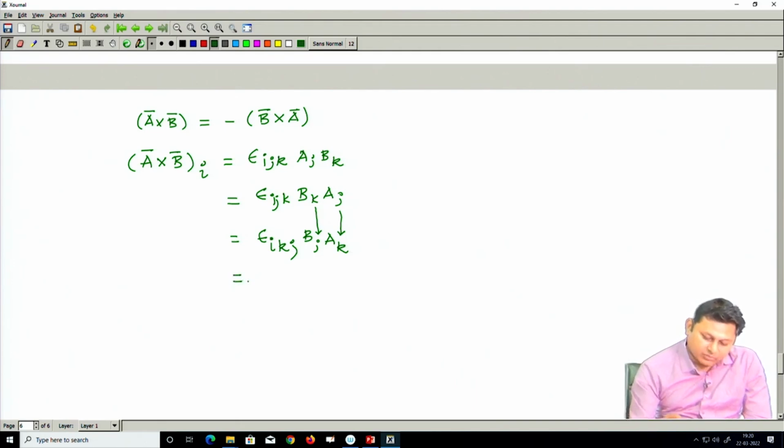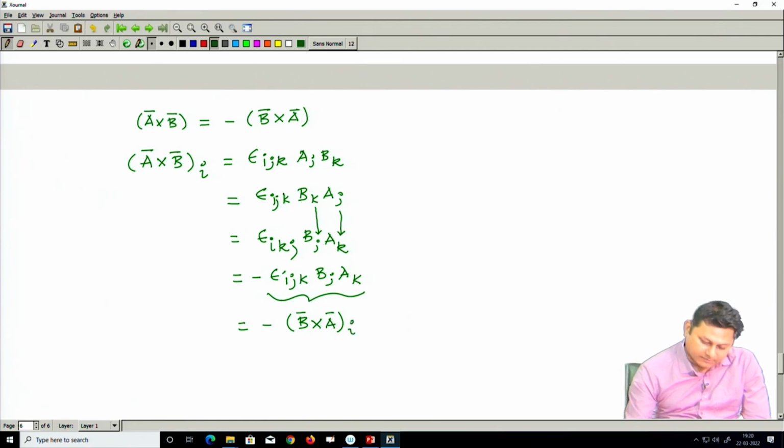Now, I have epsilon ikj, right. I now write it in a proper way. So, if I write epsilon ijk, I need to put a negative sign because I am changing this order. So, B j A k. Now, these things follow the cross product symbol. So, this quantity is minus of B cross A, ith component.